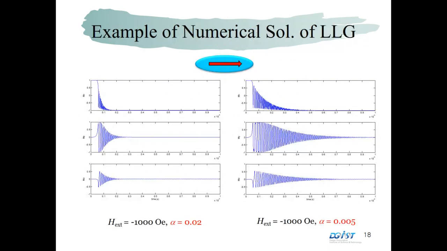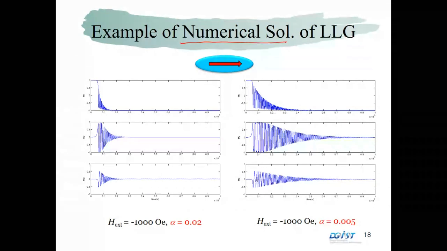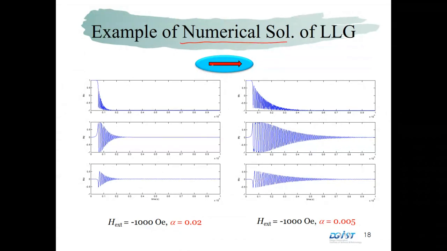This is one example, a numerical solution. Let's assume the magnetization is pointing to the z-axis here, and let's apply the external magnetic field in the minus direction. We assume the damping constant is 0.02.